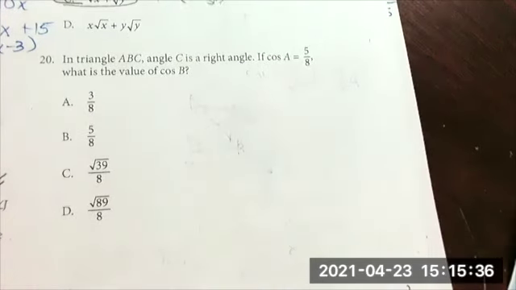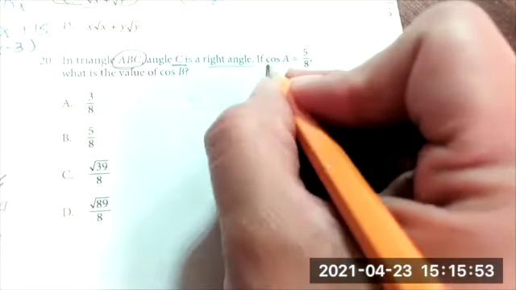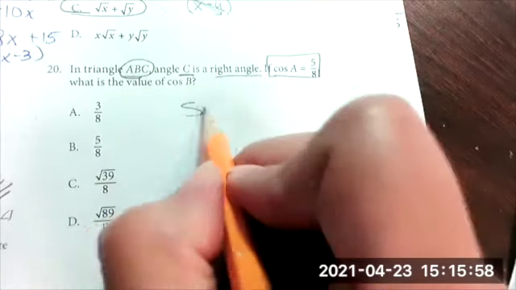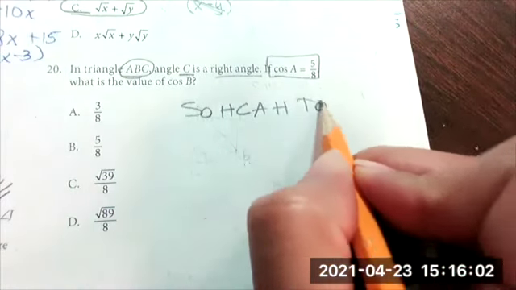All right, guys, I had to stop for this one because it threw me off. The little picture that I wrote was really bad, I'm not good with pictures, but it is what it is. Anyways, ABC, angle C is the right angle, and cosine of A is 5/8. So you're going to do SOHCAHTOA here.